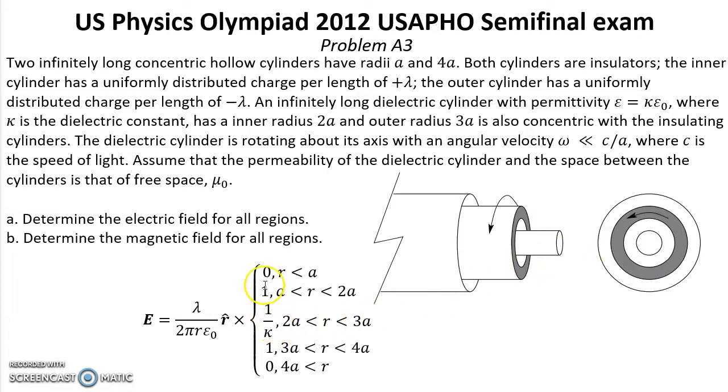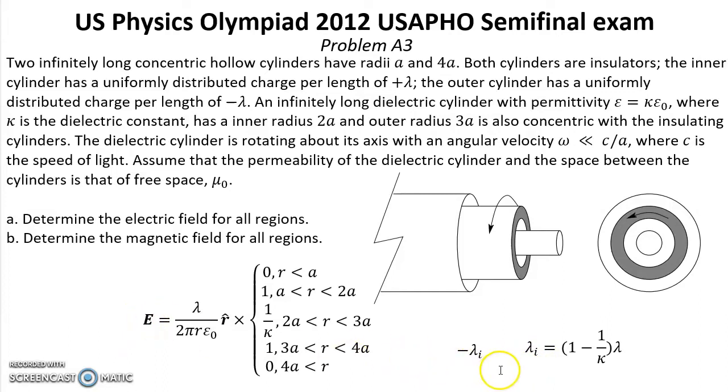To get this kind of electric field, we need to put a linear charge density on the inside surface of this dielectric. That will be negative lambda I, where lambda I equals 1 minus 1 over k, times lambda. And on the outside surface of this dielectric we have linear charge density lambda I. This is how we can get this result for the electric field.